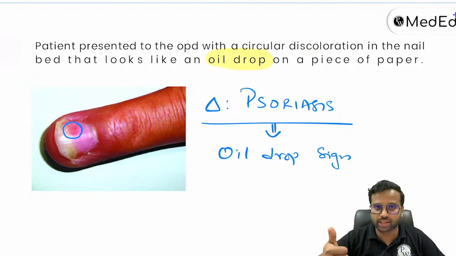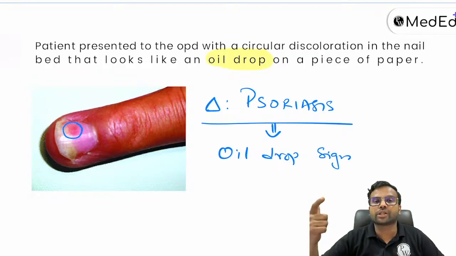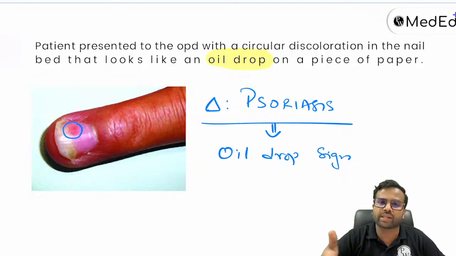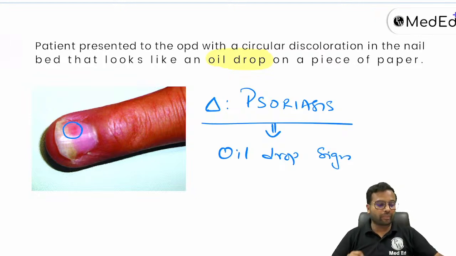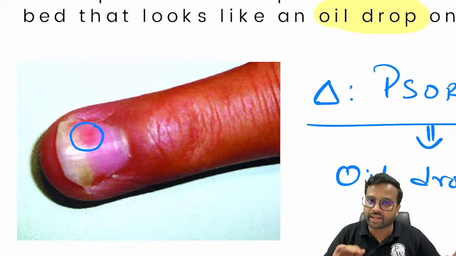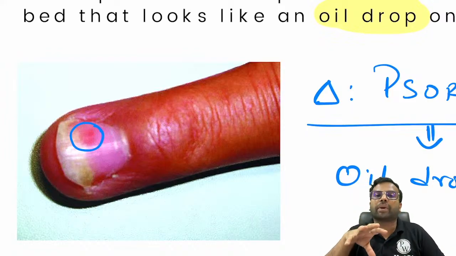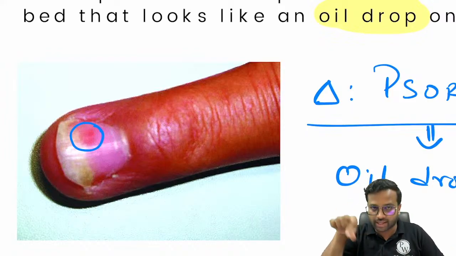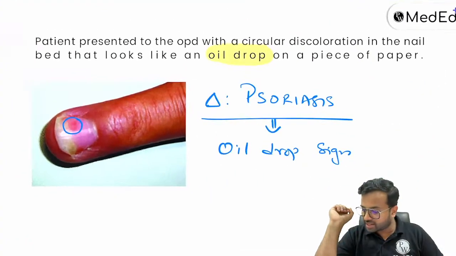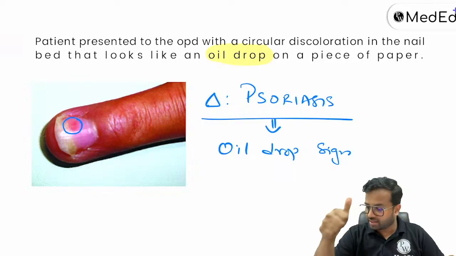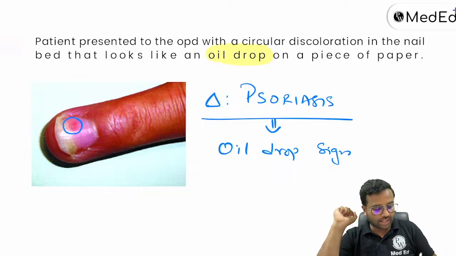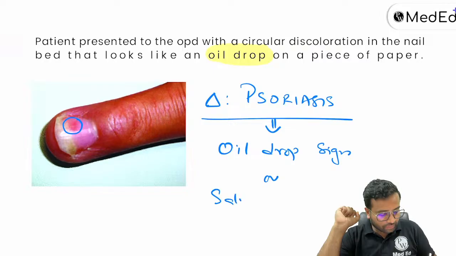Examples are psoriasis, severe cases of atopic dermatitis, and cutaneous T-cell lymphoma like mycosis fungoides. In all those cases, you can see erythroderma. But here what you can see is a red color, I agree. But this red color is compared to an oil drop sign that can be seen. And that is seen in, yeah, it is also called a salmon patch as well. Very good. It is also called a salmon patch.